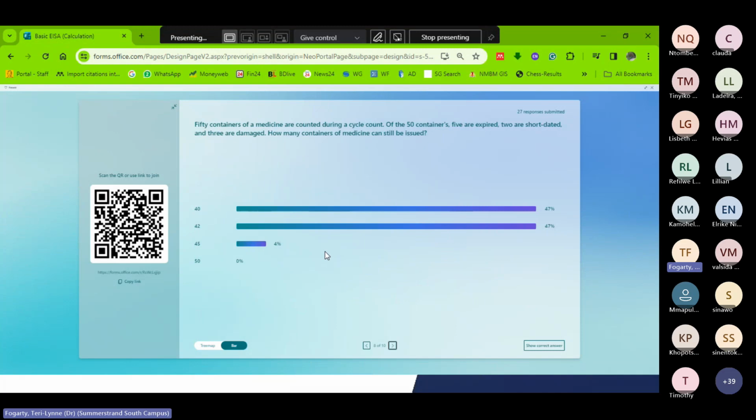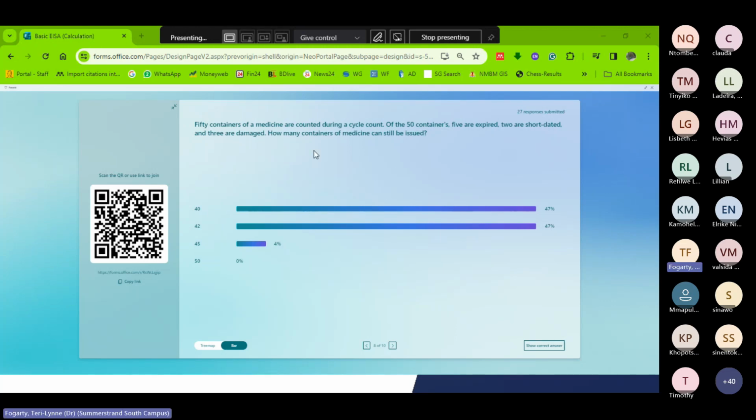So let's see what you guys think. Okay, we've got another 40. 42, 42, 42. Okay, so those of you that said 42, that is the correct answer.